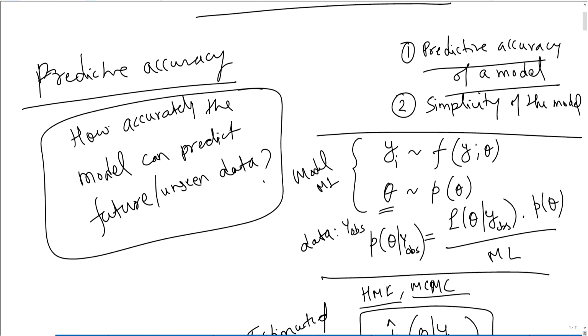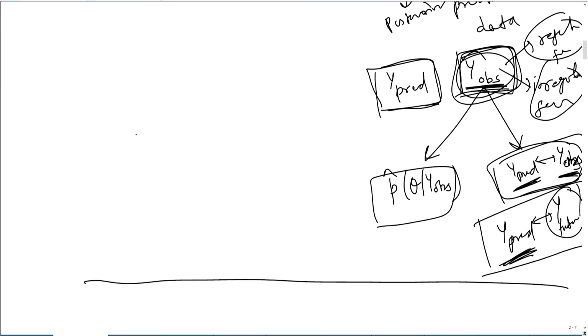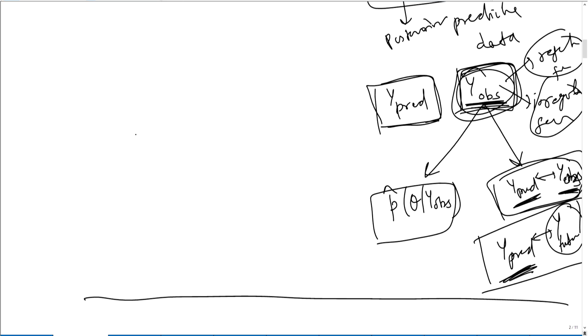Now, coming back to posterior predictive checks, this is the idea that you compare the posterior predictions of the model against the observed data. And as we discussed, this comparison is not sufficient to quantify evidence for a model or to quantify the predictive accuracy of a model. So, this is not a measure of predictive accuracy.